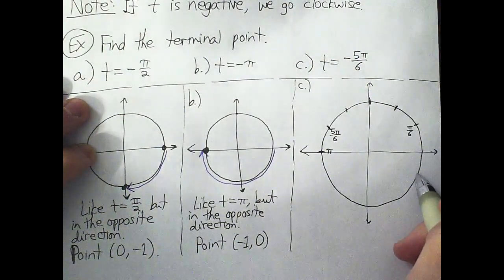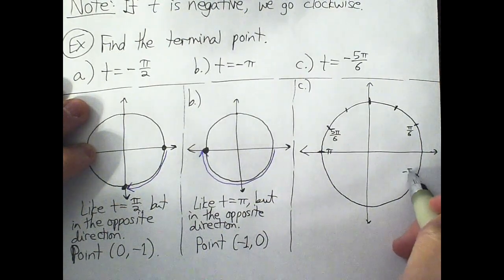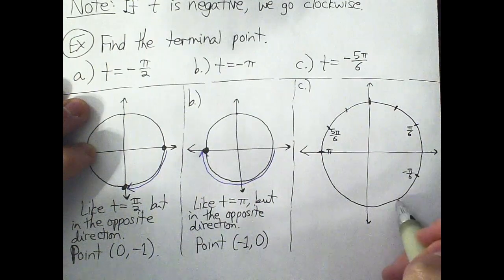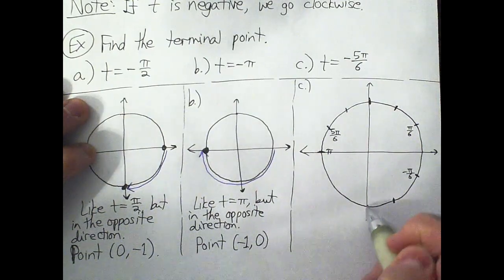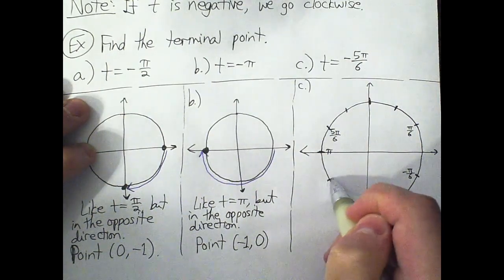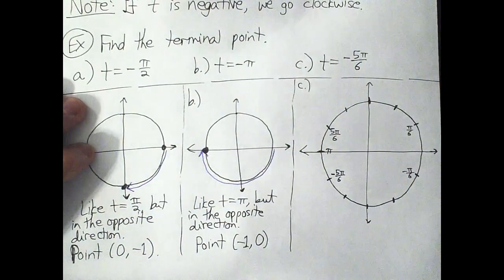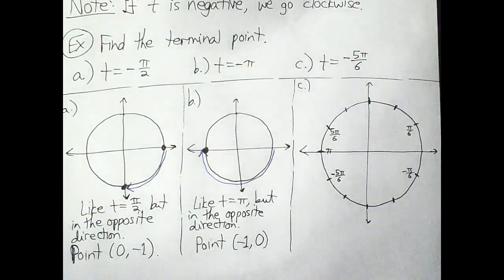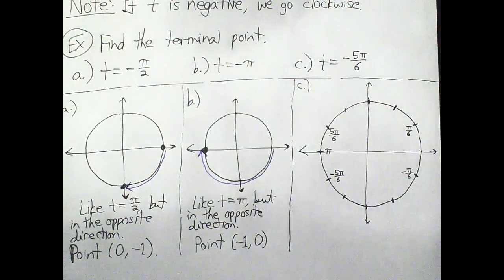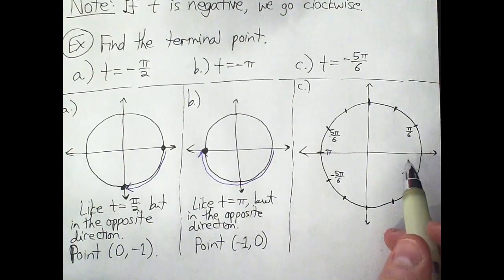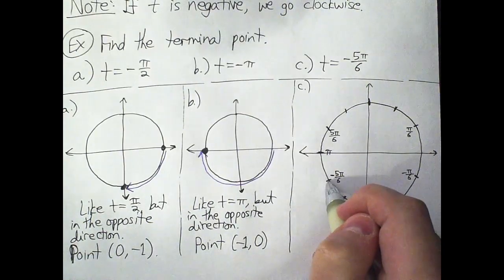If we think in the other direction, maybe we say this is negative pi over 6. This, this, this. This is if we've gone 5 of them. So we want to know about this terminal point.